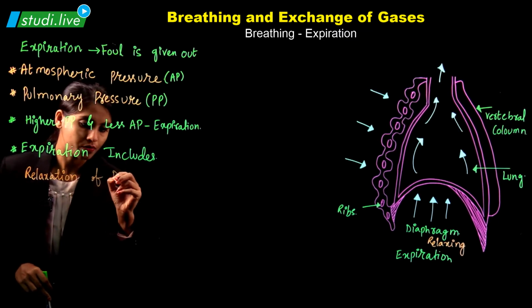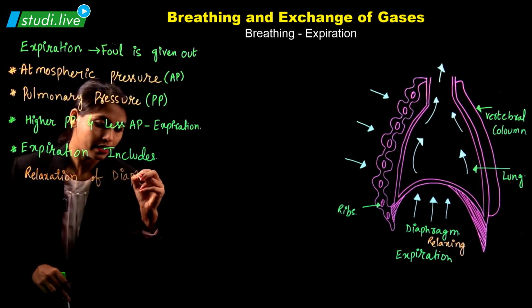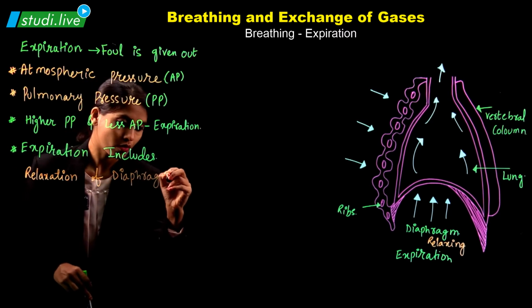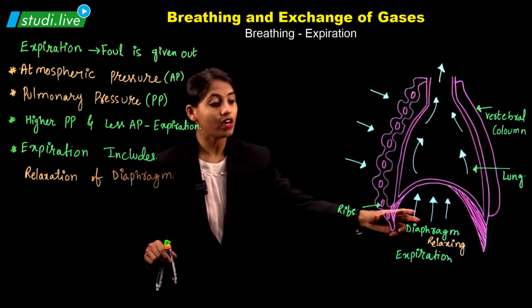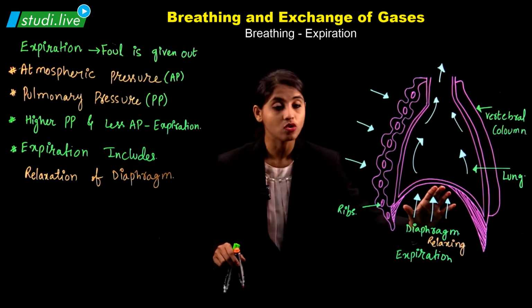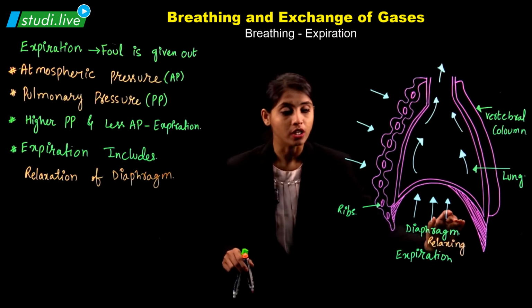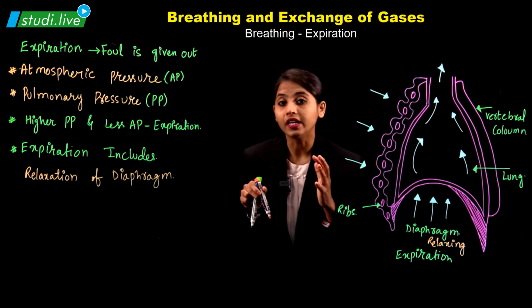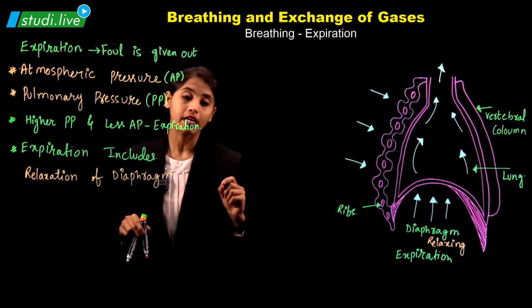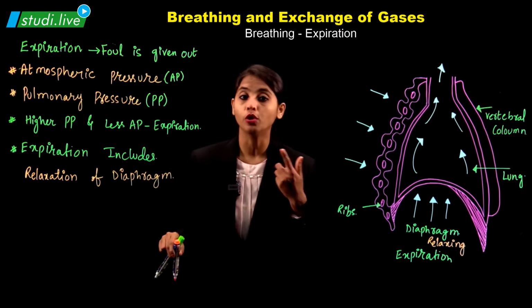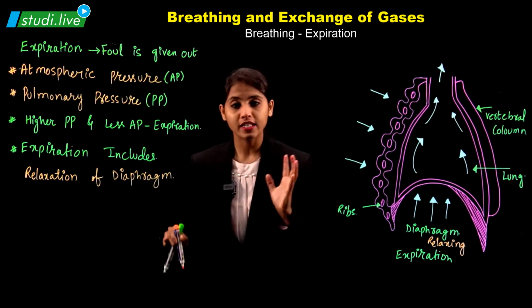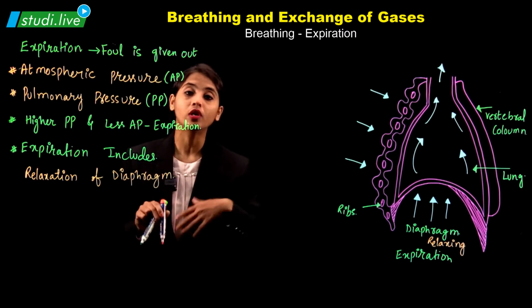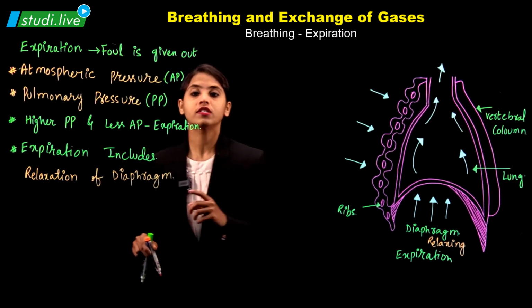Relaxation of the diaphragm. Okay, students, when there is relaxation of the diaphragm, that means it is going to move to a normal position. Then what will happen? The volume will decrease in the thoracic cavity. Whereas in inspiration, the volume increases and the muscle contracts. As I just mentioned, if you know about inspiration, you will be able to write by yourself what expiration is.